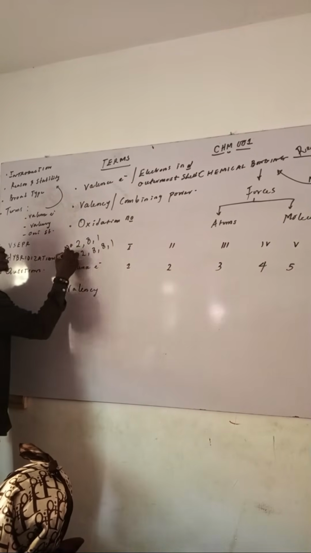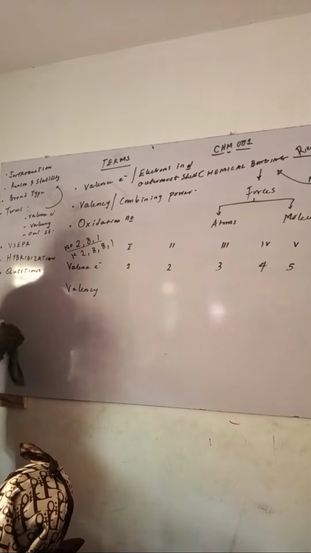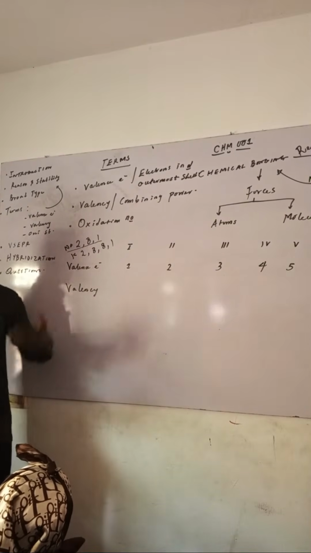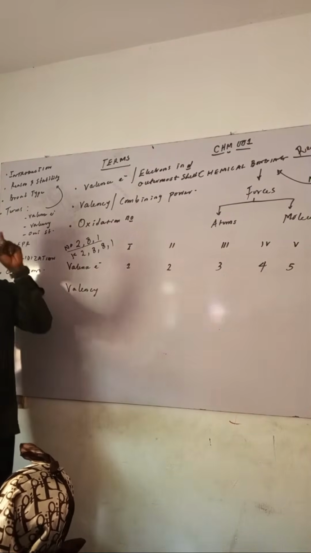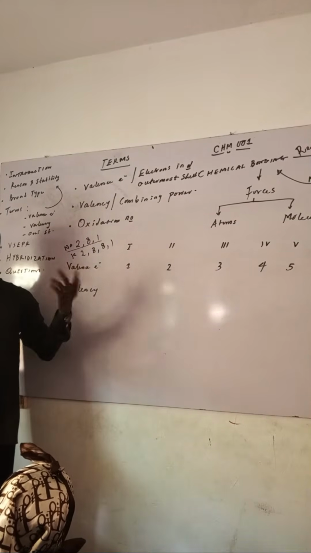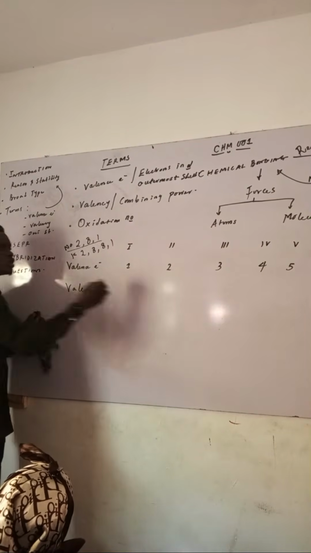If this guy wants to go into bonding, what will he have to do? Lose 1 electron. Abi, it means that 1 electron is what it will use for bonding. I hope you are following. So if I now ask what is the valency for sodium, it is going to be 1.